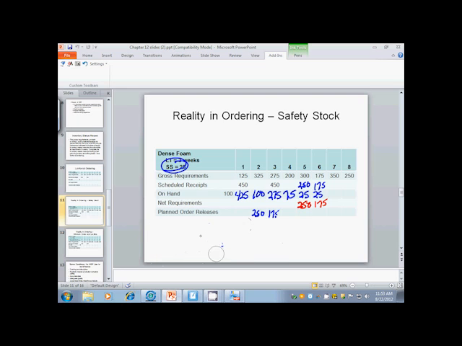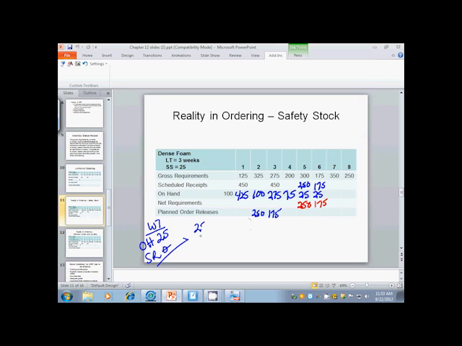Moving right along to week 7. We are looking at having on hand at the end of week 6, 25 units. My scheduled receipt right now is 0.